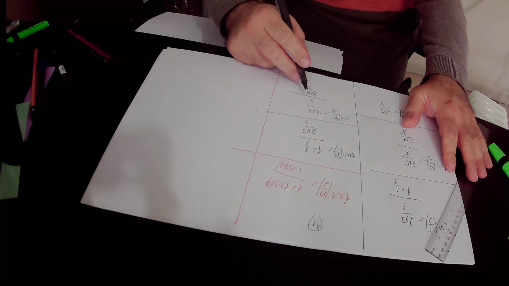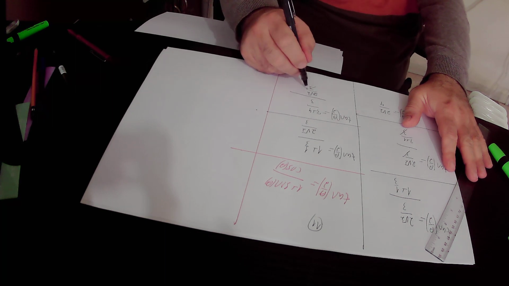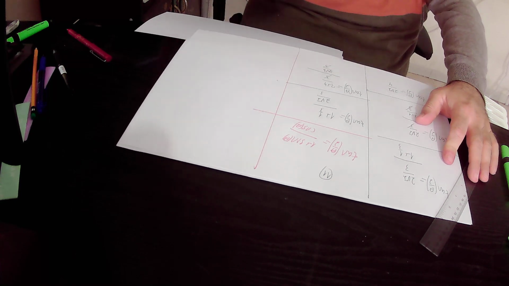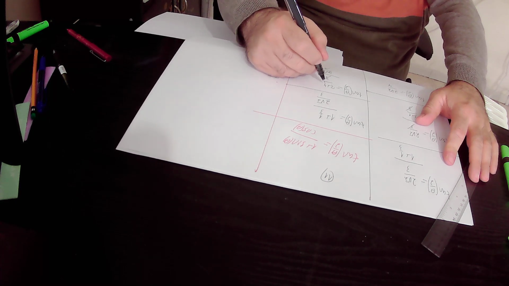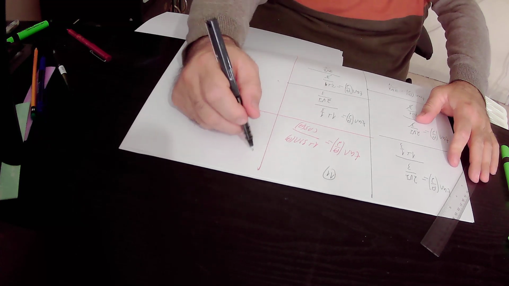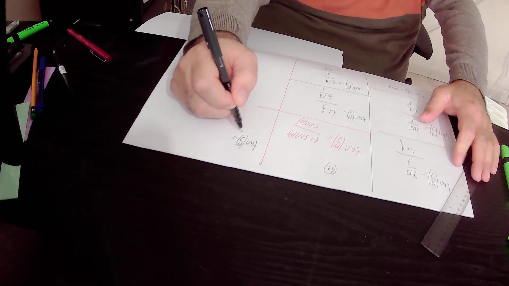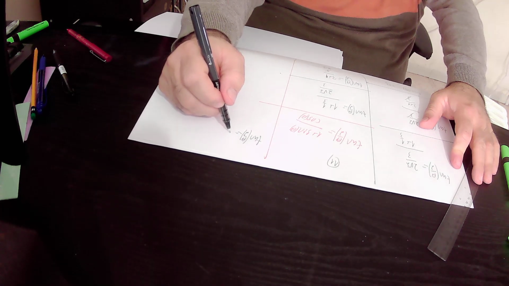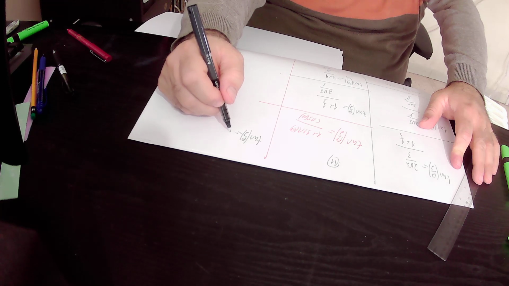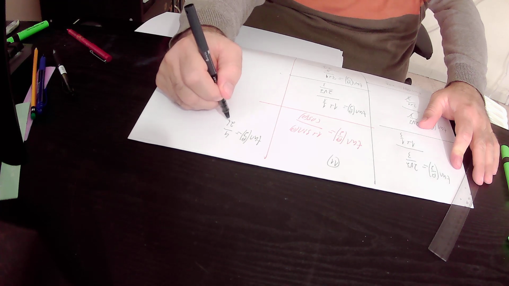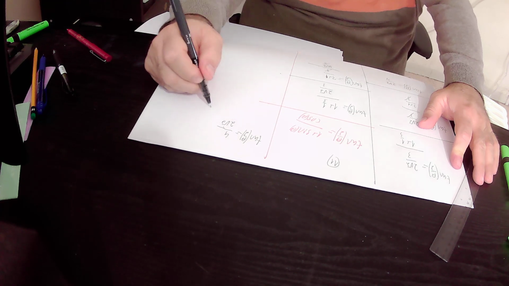Here we have 3 in the numerator and 3 in the denominator, so 3 will get cancelled and we will get that tangent theta over 2 equals 3 plus 1, which is 4, over 2 times square root of 2.